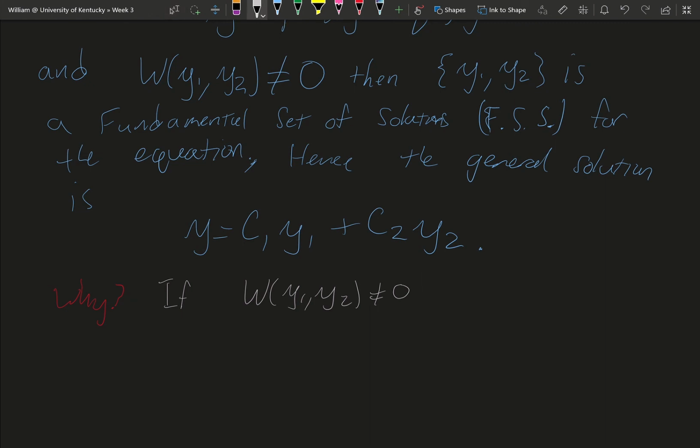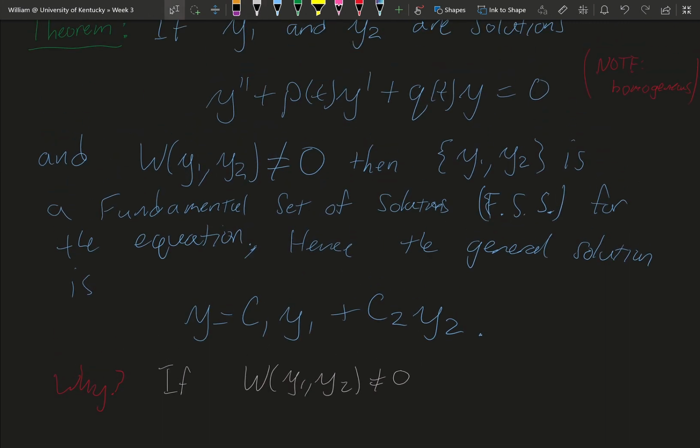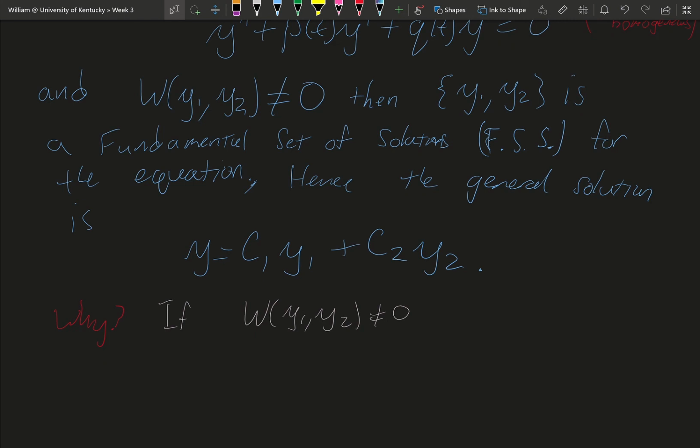We talked about that on Friday. If these are solutions, it doesn't matter if you add before or you plug y1 and y2 in and add after. Like everyone always wants to do with a square root, but you can't.